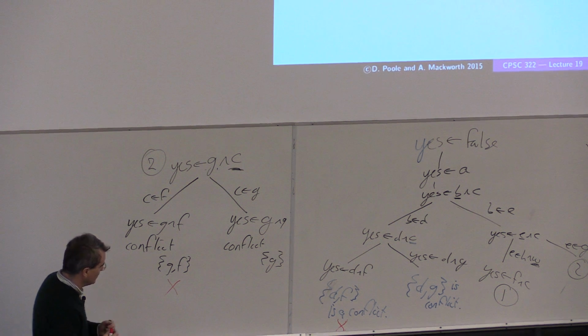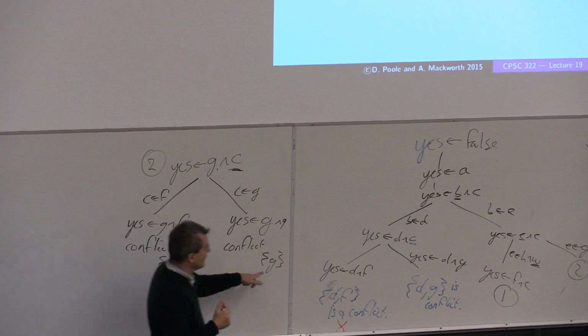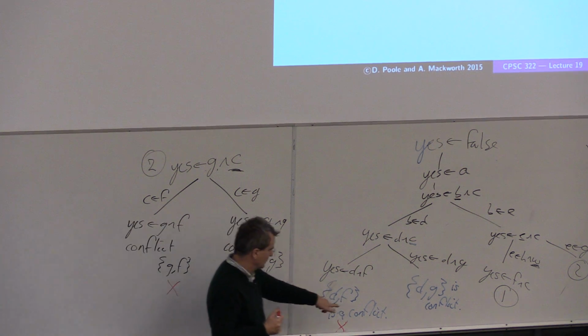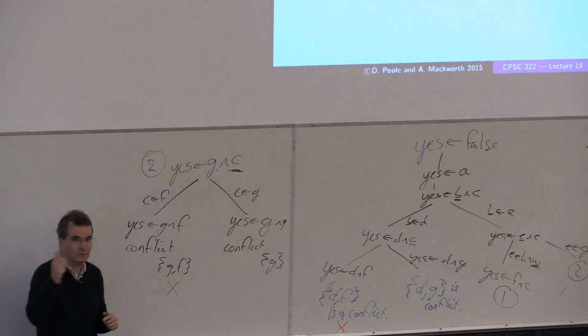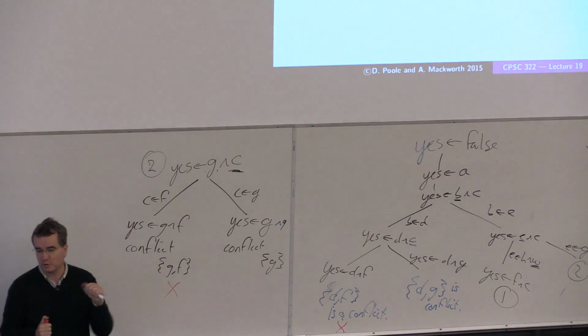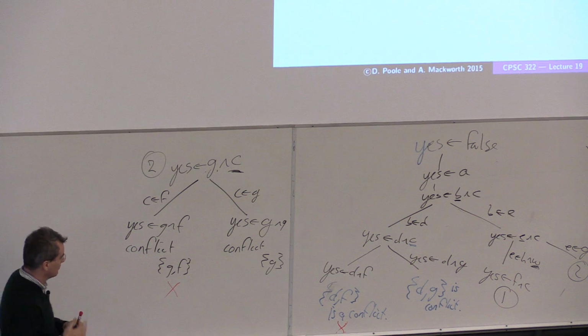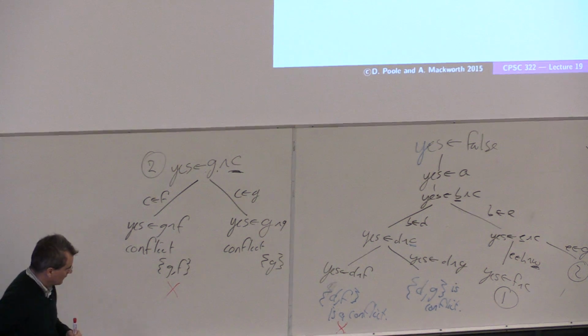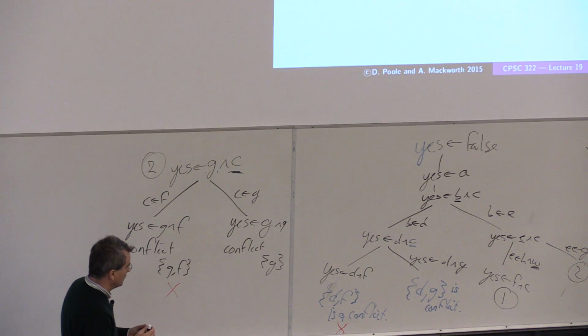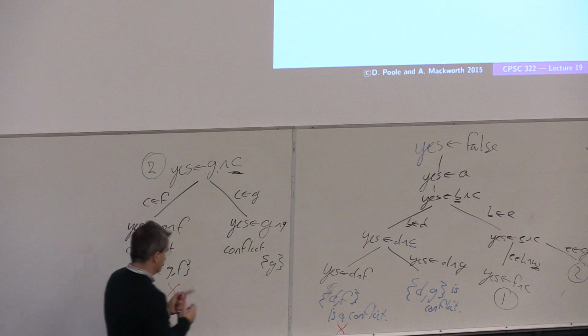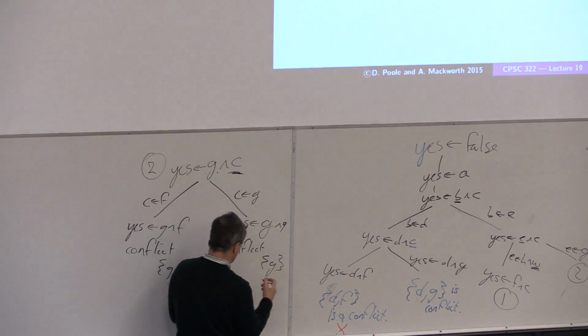And now we can start pruning other things. Right, we can now start pruning D and G. Does that make sense? So once we've found some conflict, we can prune any superset of it. And I think we've finished here.